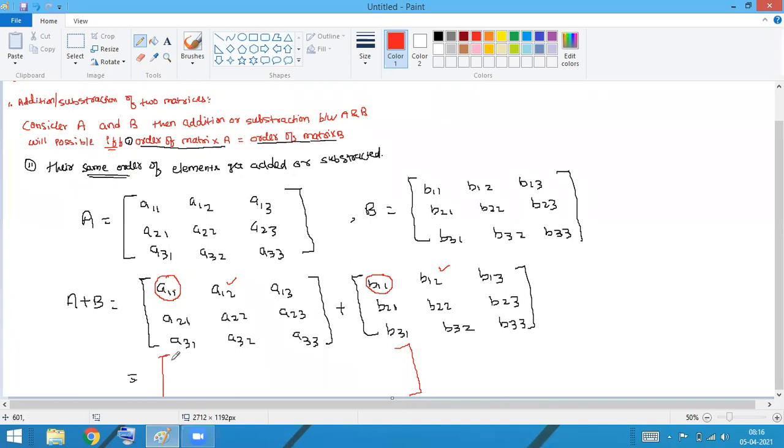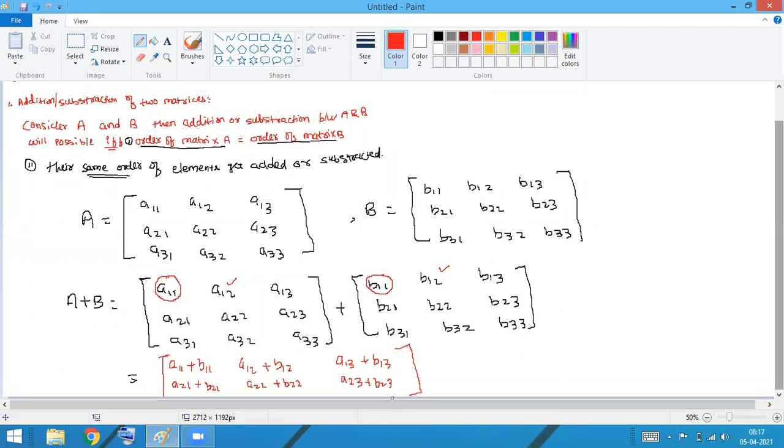So the final answer will be basically A11 plus B11, then A12 plus B12, then A13 plus B13, then A21 plus B21, A22 plus B22, then A23 plus B23.